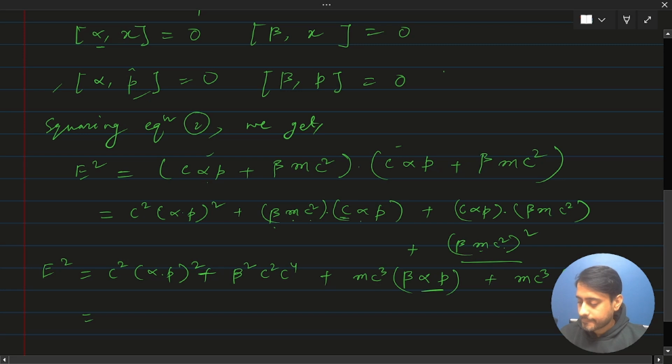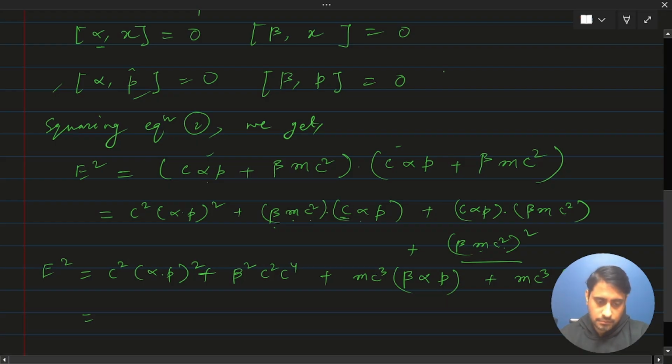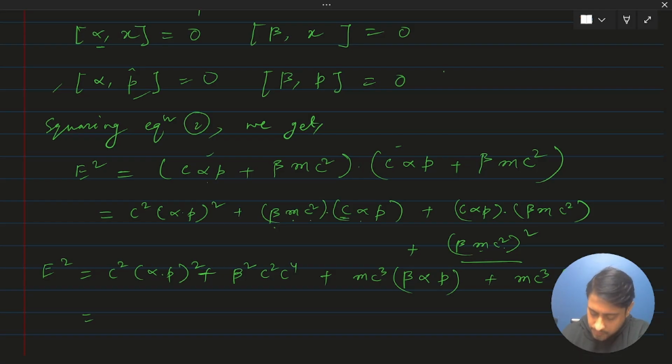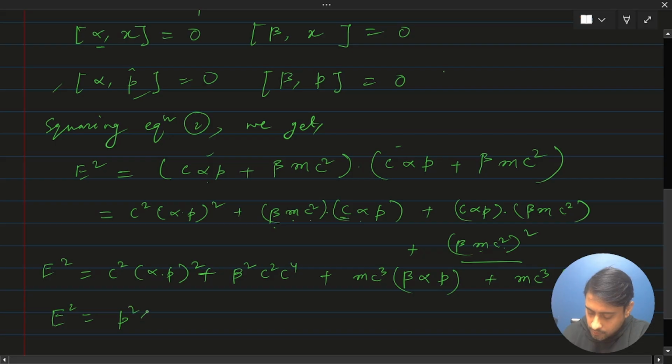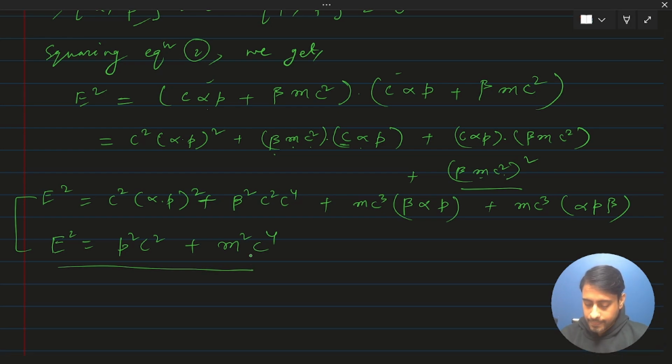But for some time let's come back to the expression E squared equals p squared c squared plus m squared c to the power 4. Now we will be comparing these two: the initial equation and what we get after squaring the matrix relation.